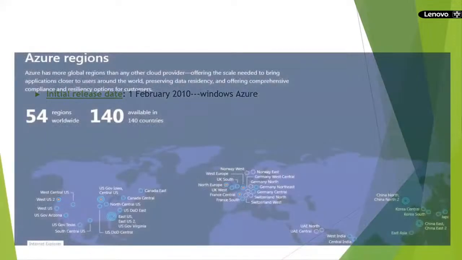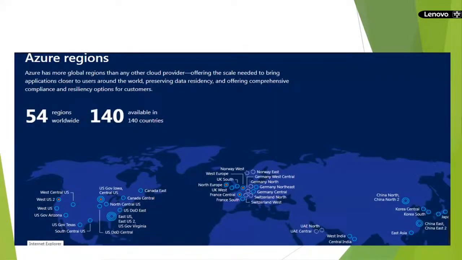You may have a doubt: why Microsoft Azure, why not AWS? Azure is very powerful. One reason is that in the market, out of 100%, about 50% of IT-related products are from Microsoft only. Microsoft is a competitor for every technology: Oracle, Microsoft SQL Server, Java, .NET, and Dynamics CRM for enterprise features.